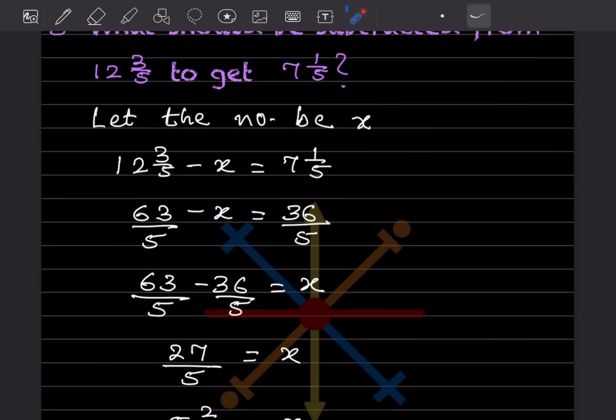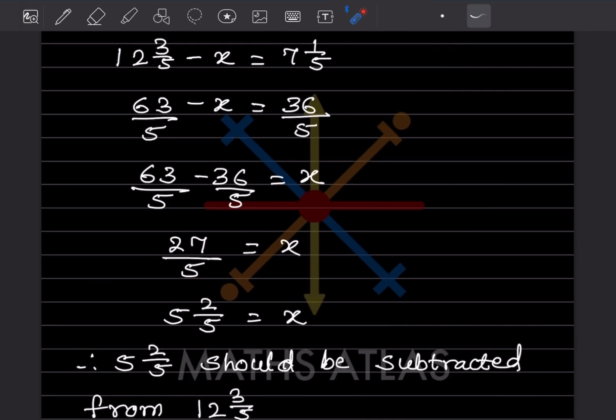Now you can see the denominators are the same, so you just subtract the numerators, 27 by 5 will be x. Now this is improper, so let us make it mixed. 27 divided by 5 is 5 integers 2 by 5, that is x. So 5 integers 2 by 5 should be subtracted from 12 integers 3 by 5.